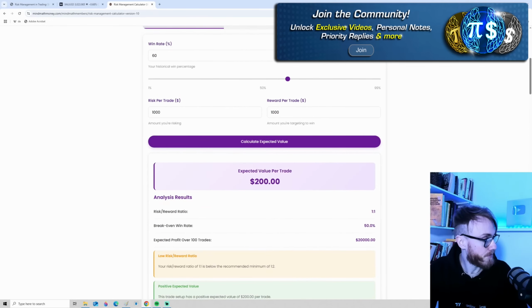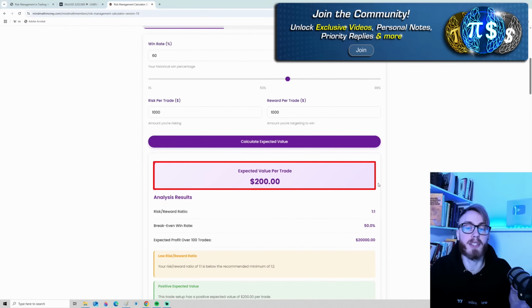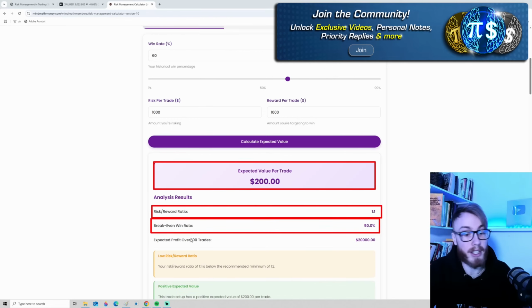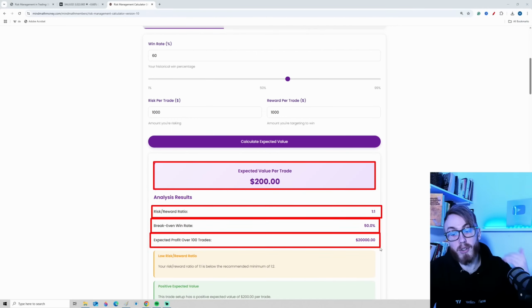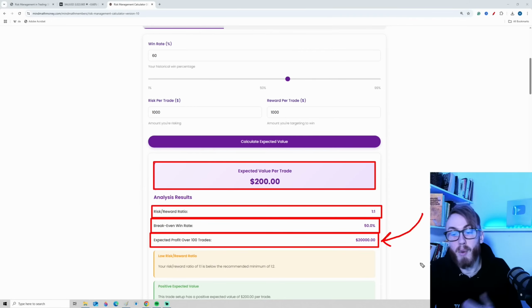Just like that, you can see that our expected value, what we expect to win if we take a large amount of trades, is $200. You also get some nice information here: the risk to reward ratio, the break-even rate, and the expected profit over 100 trades. If we take 100 trades with this strategy, we expect to win $20,000.